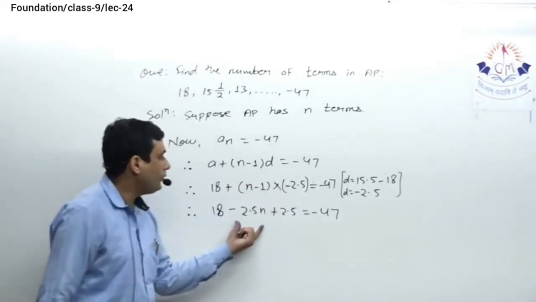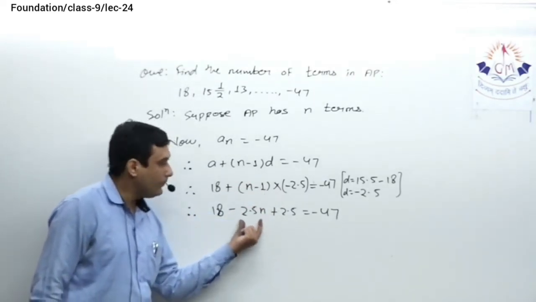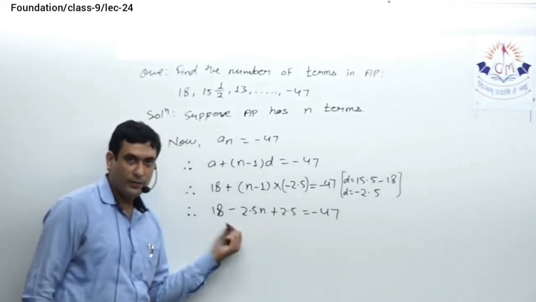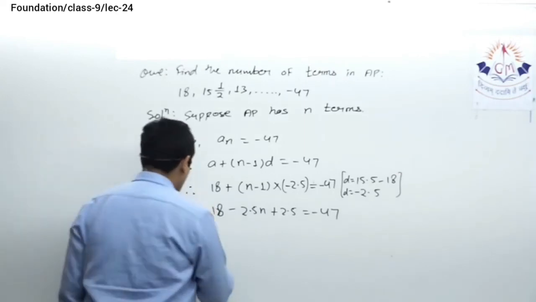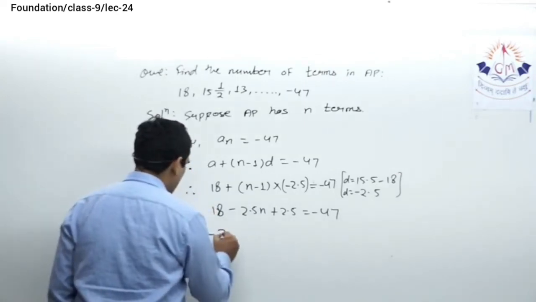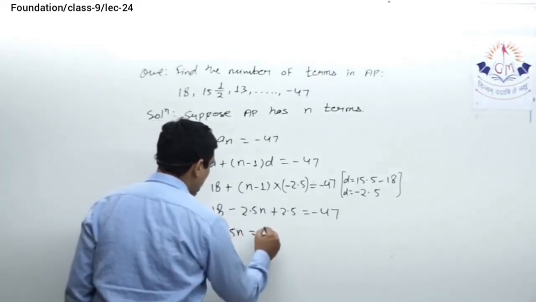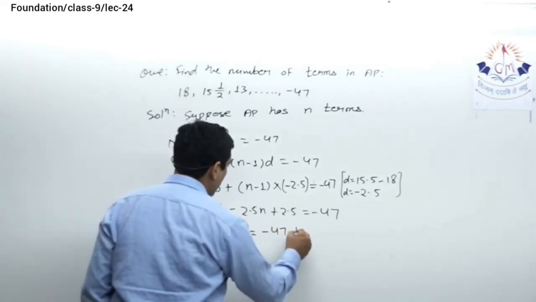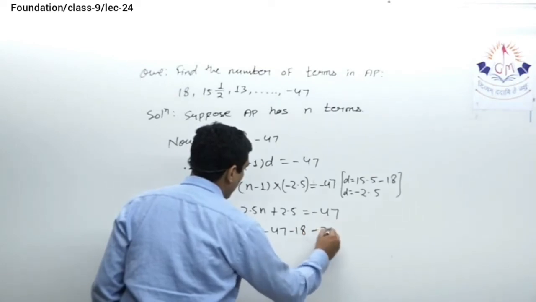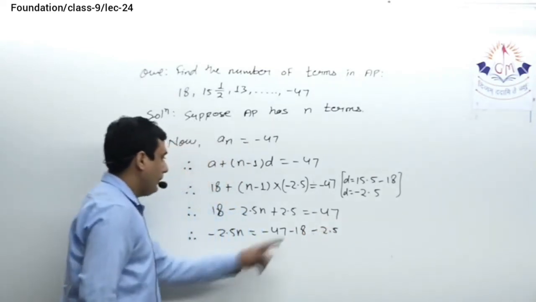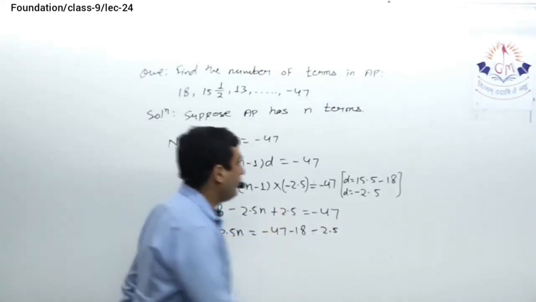To obtain the value of N, I keep the term containing N on the left hand side, then take all remaining terms to the right. So minus 2.5 N is equal to minus 47 minus 18 minus 2.5.